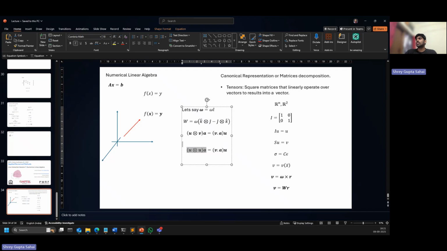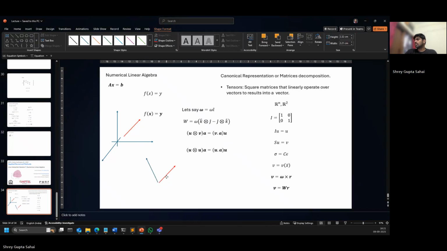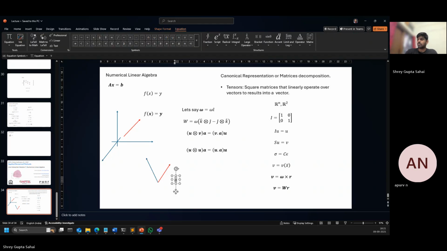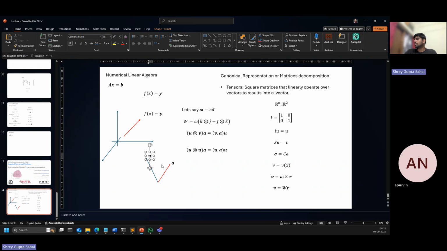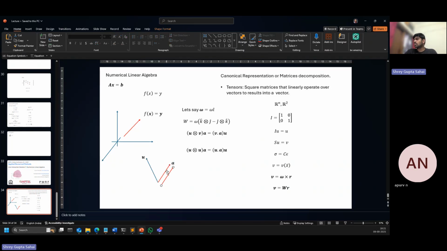What you will get is, suppose this is A, and this is my V, and this is our U. So what this tensor is doing is it is converting this A into something of this sort.